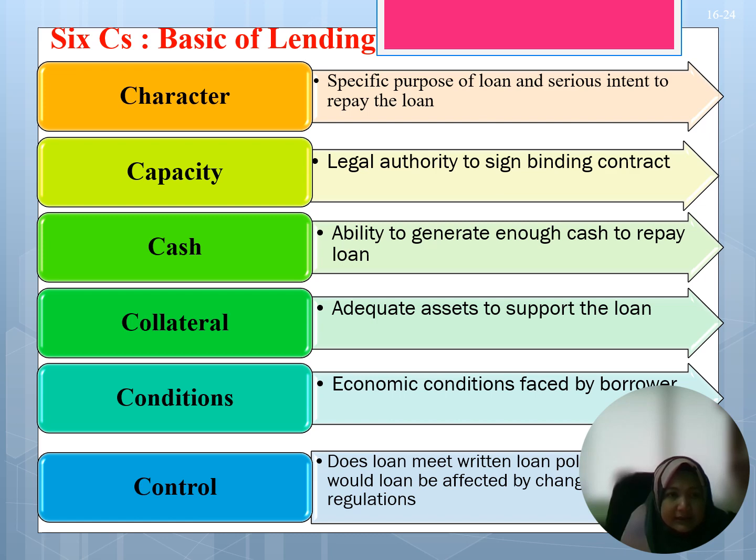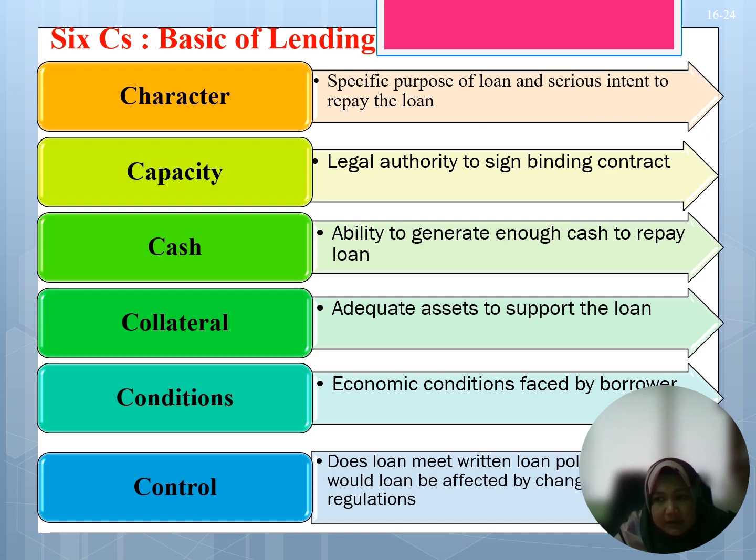The next C is capacity. What is the meaning of capacity? Basically it is related to the legal authority to sign a binding contract. For example, does the potential borrower have the capacity to borrow loans?